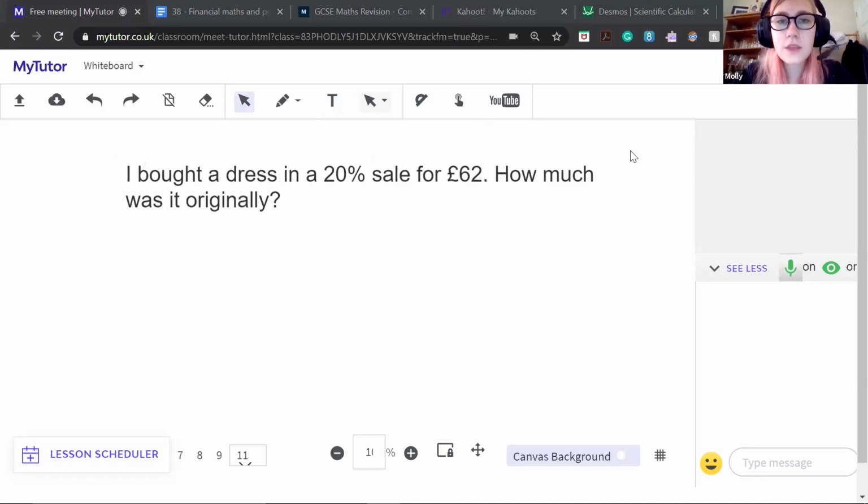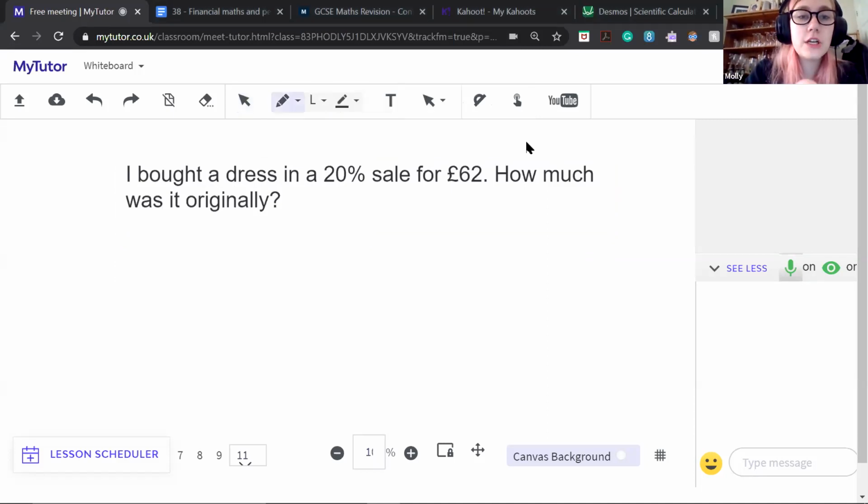Okay, so the way that we do this is we call the original amount X, just so that we've got something to work with. And then we think about what we would do to decrease that by 20%. And a couple of people said it'll be 0.8.